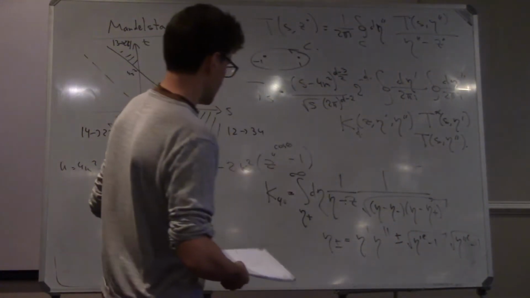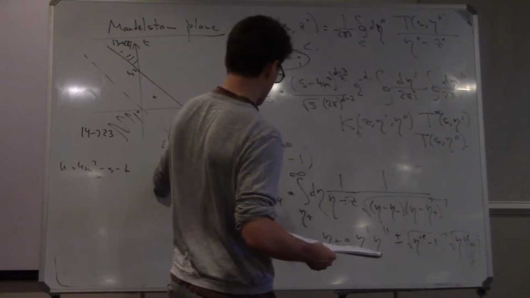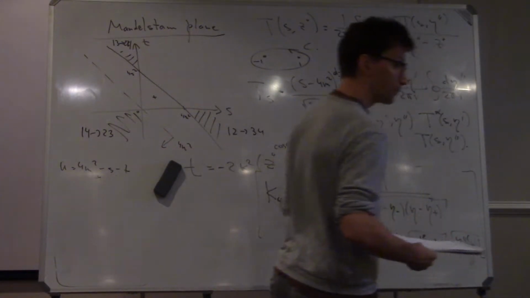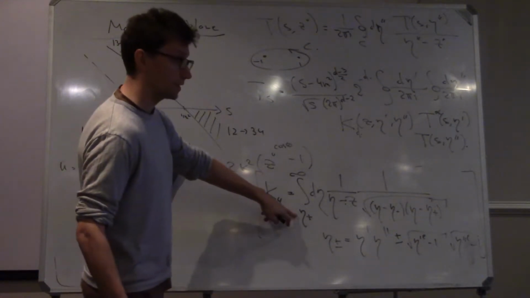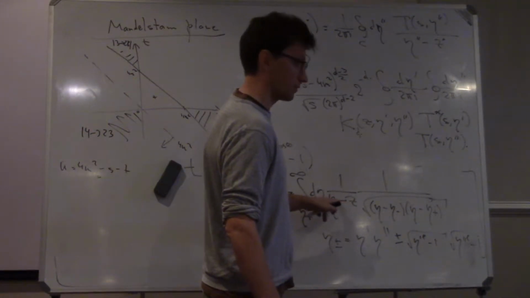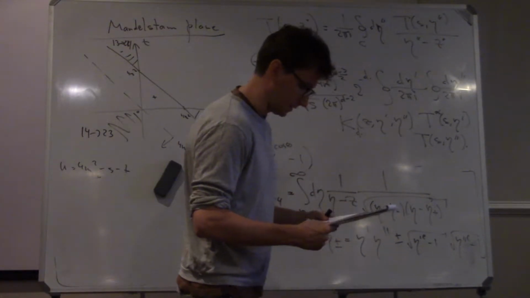Now it might look a little bit abstract, but the formula has several crucial features. So first, the integral starts from eta plus, and the dependence on z is just through this prefactor, 1 over f(eta) minus z.